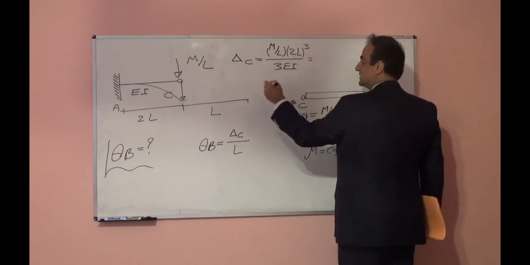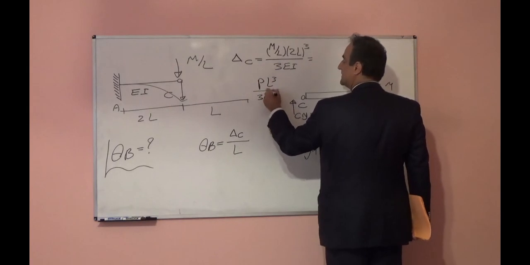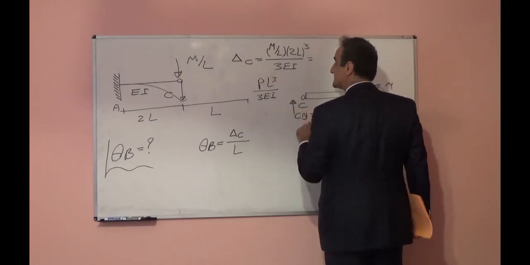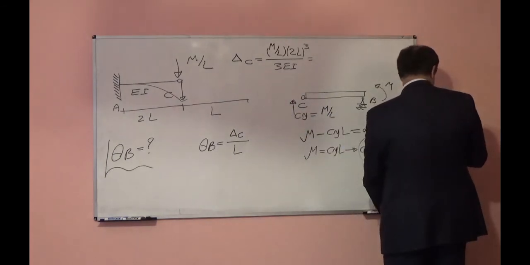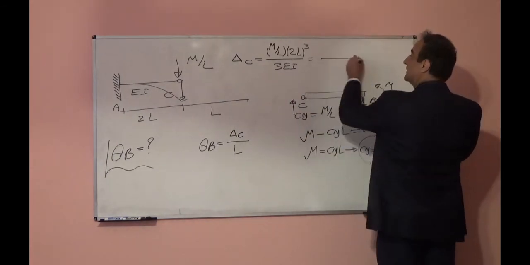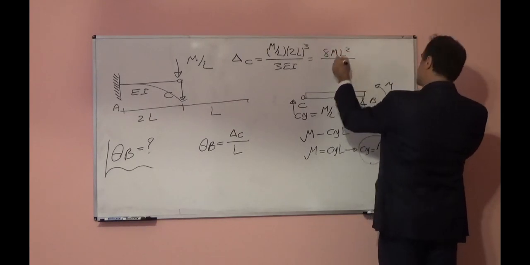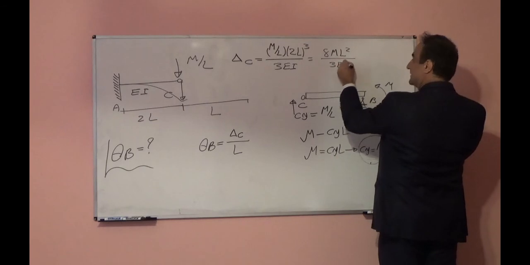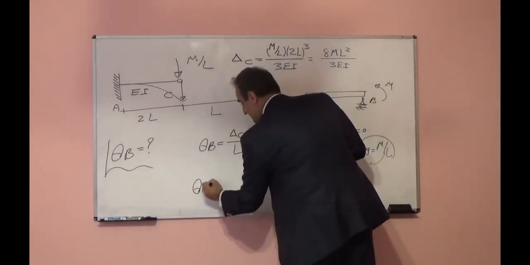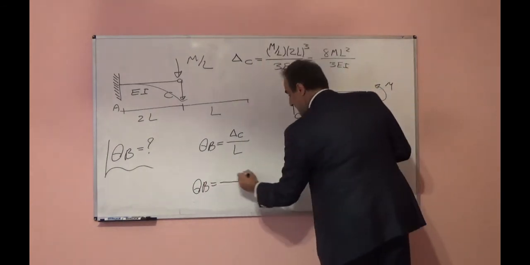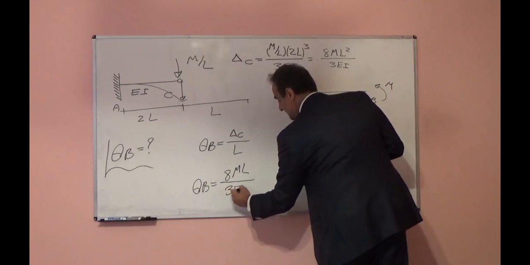From here, the formula is PL cubed over 3EI. Here P is M over L and our L is 2L. So this will be equal to 8ML squared over 3EI. I have delta C, I will plug it here. Theta B will be equal to 8ML over 3EI.